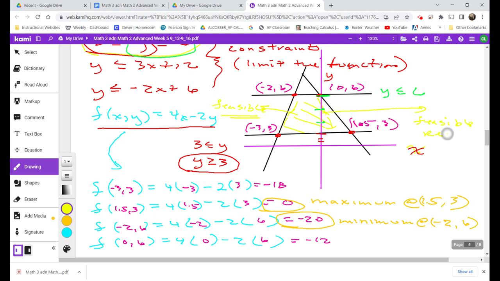And we'll talk a little bit about that tomorrow in class. The feasible region is where the solutions lie. It's where the solutions are. So these are the solutions, and then those solutions give me a maximum or a minimum.